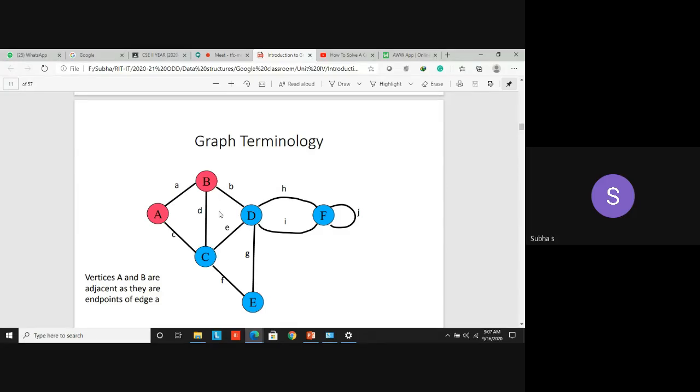Clear? Adjacent means nearer, but there should be some edge. So A and B are adjacent because they are the endpoints of the particular edge A.